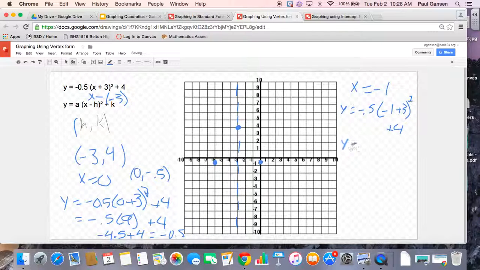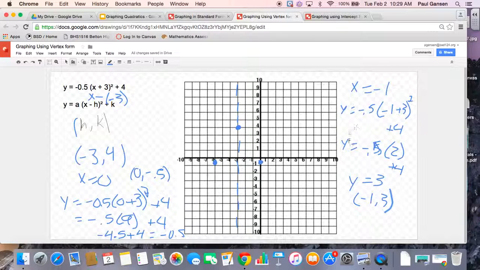So y is equal to negative 0.5 times 2 plus 4. Negative 0.5 times 2 is negative 1. Negative 1 plus 4 is 3. So when negative 1 goes in, 3 comes out.